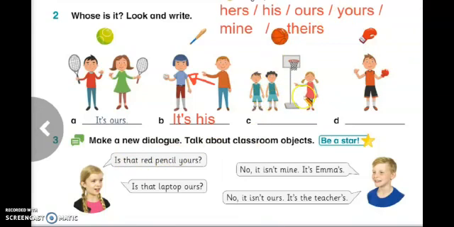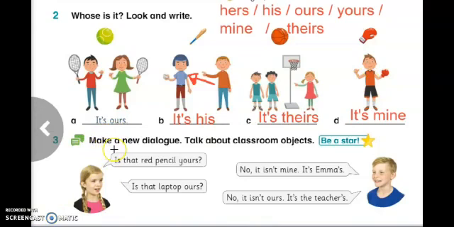As you can see, this girl talks about these two boys, and she talks about this ball, and she has to say it's theirs, أي أنها لهم, أن هذه الطابة لهم. And in the last picture, this boy talks about himself, and he has to say it's mine, لأنه يتحدث عن نفسه.